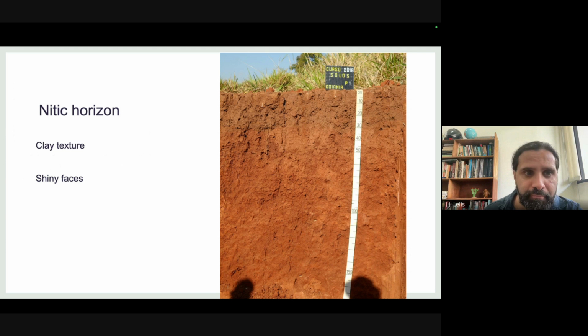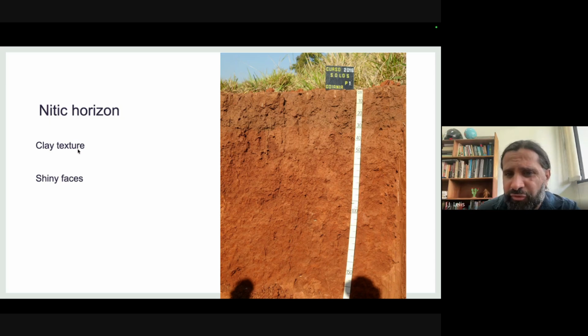We also have the Nitic horizon, and it's quite interesting because it has a huge amount of shiny faces. We have a lot of clay skins on the horizon.